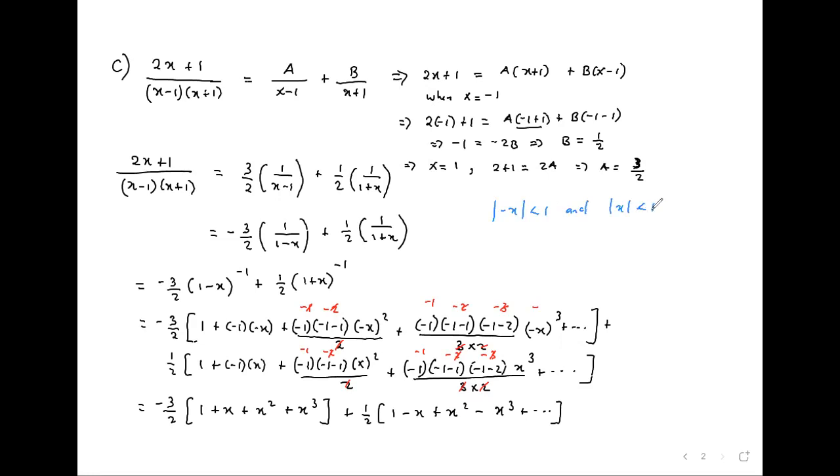So you notice that we're talking about the same thing here. And the other one also is less than 1. So you just get the intersection, which is just one of them. This can also be written as negative 1 less than x less than 1 for range of validity. That's how we write it.